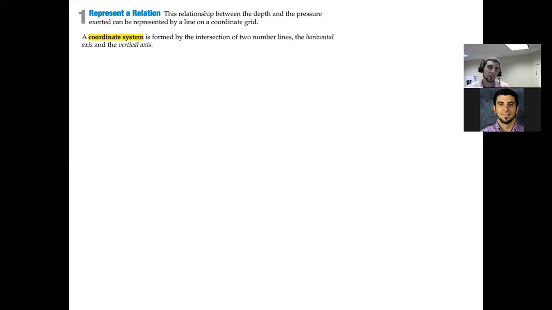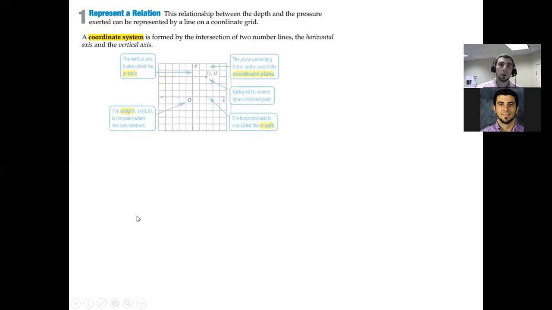So a coordinate system is formed by the intersection of two number lines, the horizontal axis and the vertical axis. The horizontal axis is called the x-axis, and the vertical axis is called the y-axis. You're probably very familiar with this, but sometimes I've noticed that students flip-flop them and forget which one is x and which one is y. Here's how I remember it.